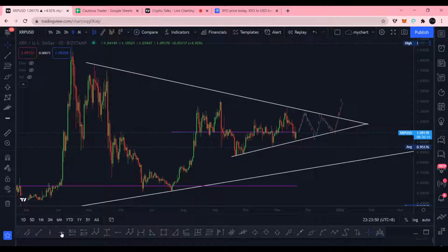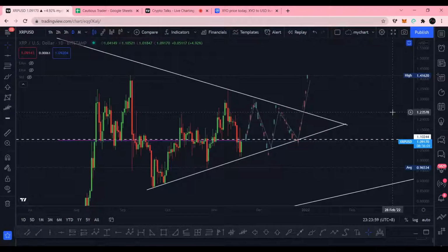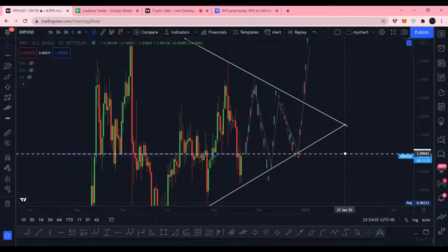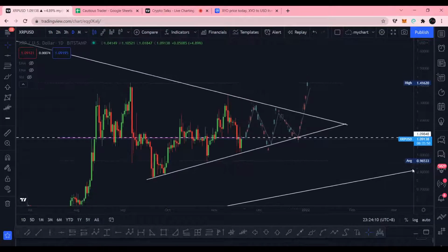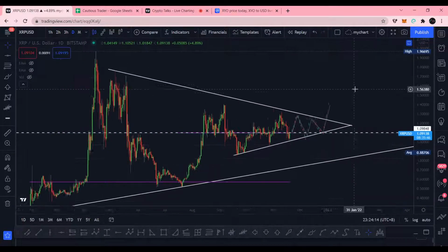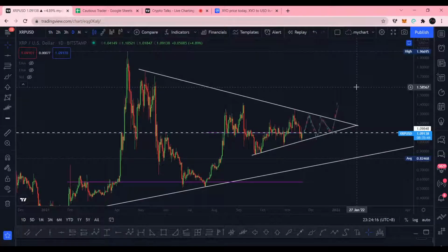I'm gonna use the point of control as a support area also, or even a resistance, because currently the point of control is at the violet one, which is 1.09. So it's just within the resistance, or trading at resistance. So as long as it holds above it, I might possibly go long.